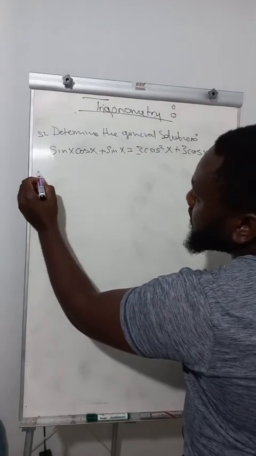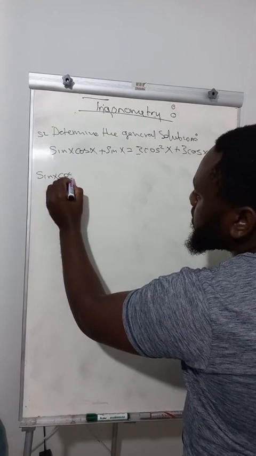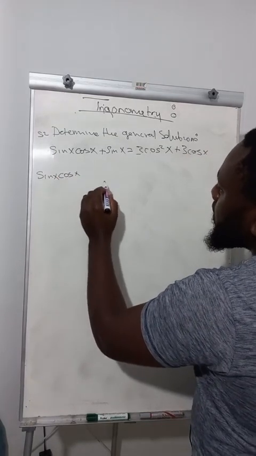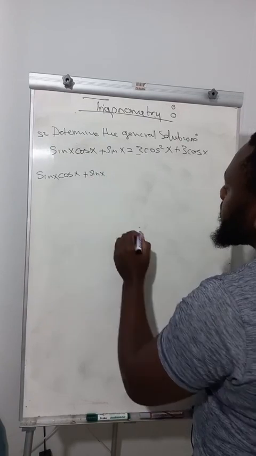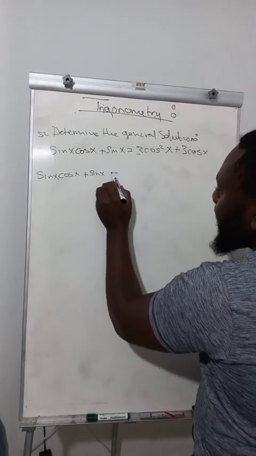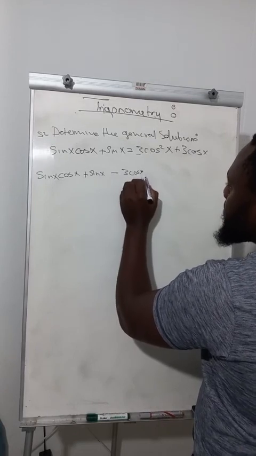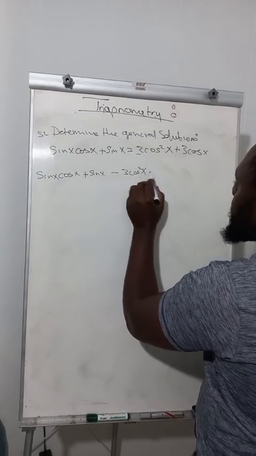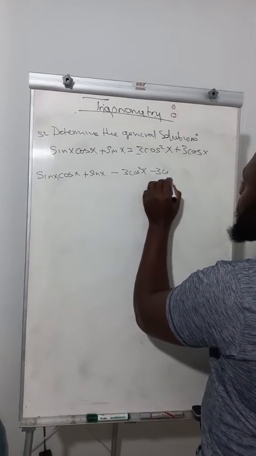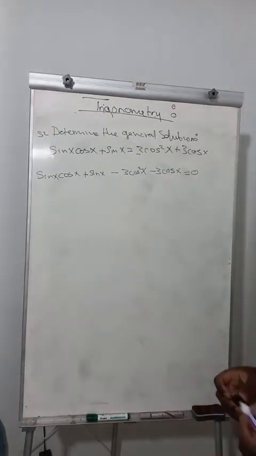So I'll have sine x cos x plus sine x, minus 3 cos squared x, minus 3 cos x is equal to 0.